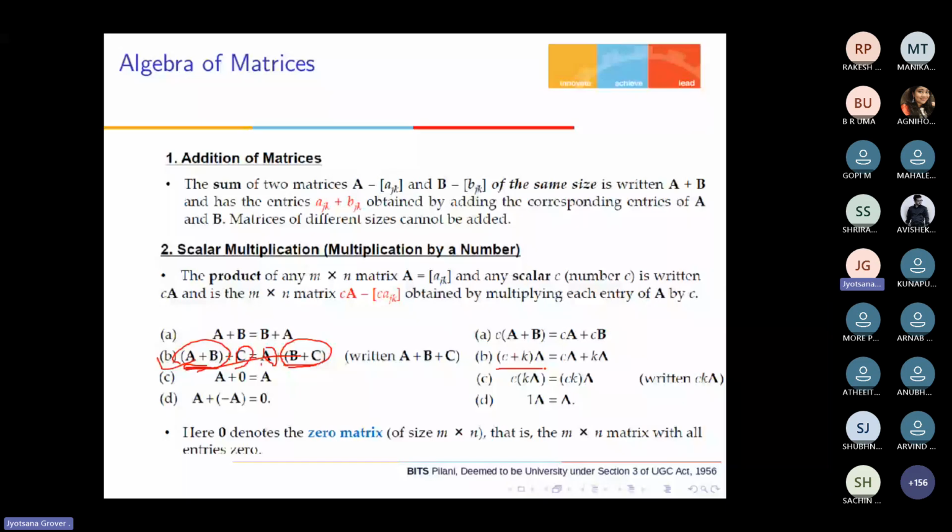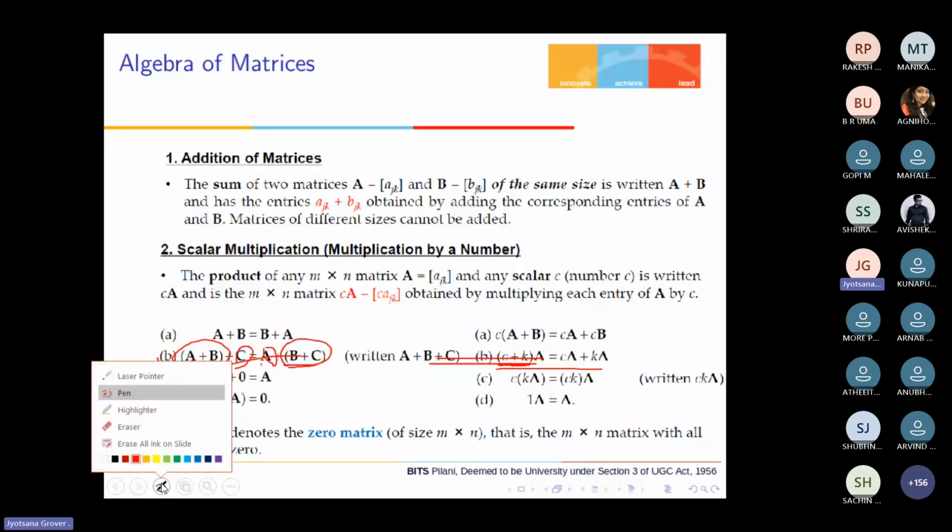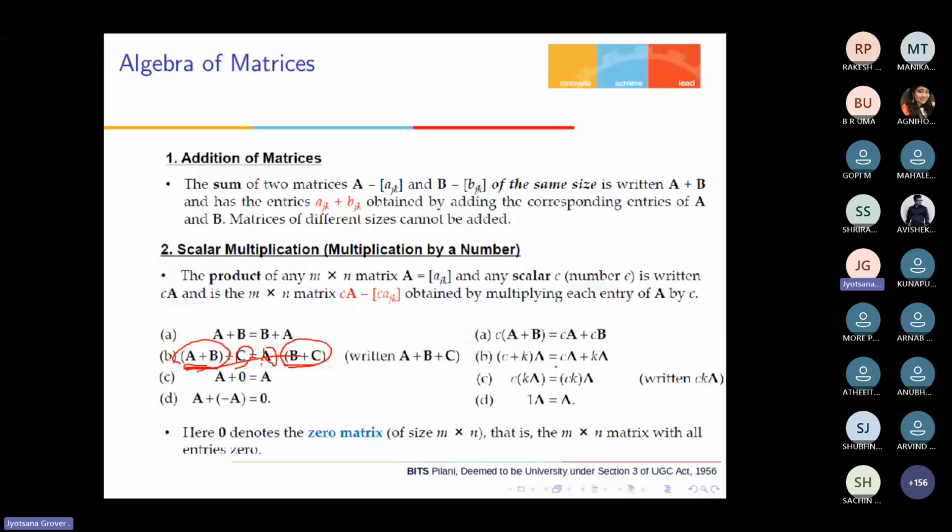This rule says when you add two scalars, C and K are two scalars, you add them and then multiply with the matrix. The result is going to be the same as you multiply C with A, multiply the second scalar by A, and then add the results.